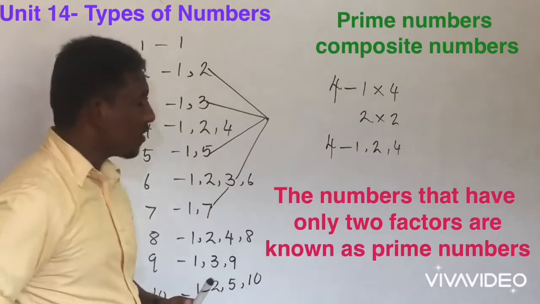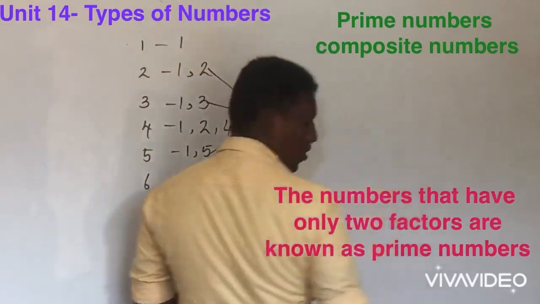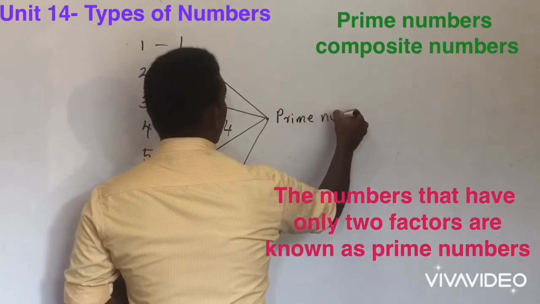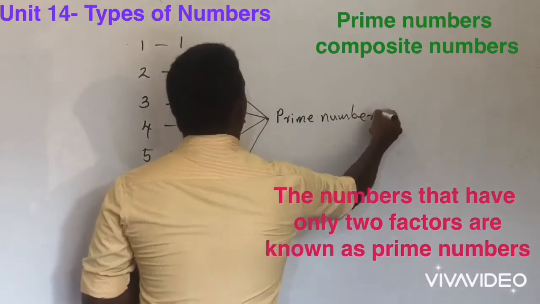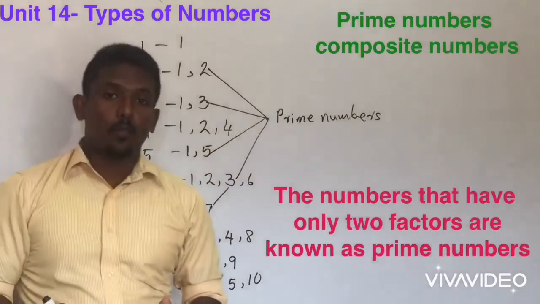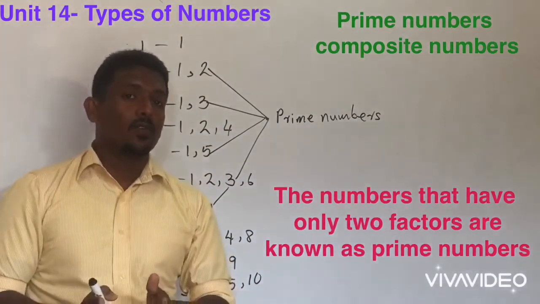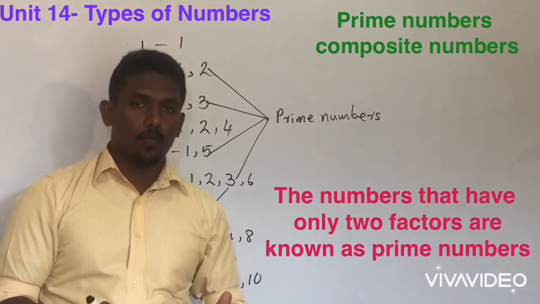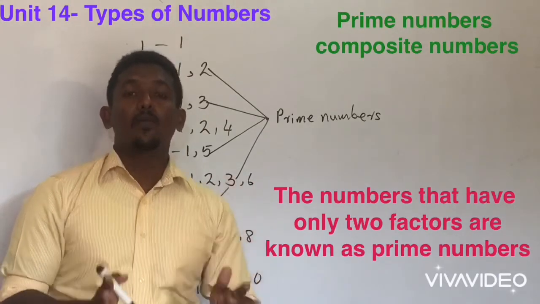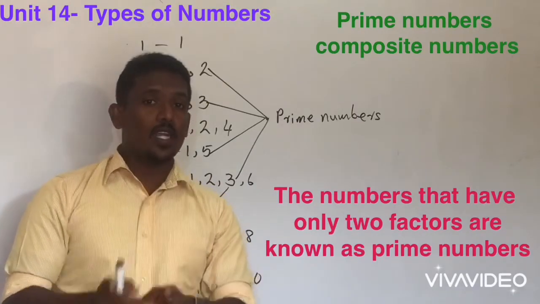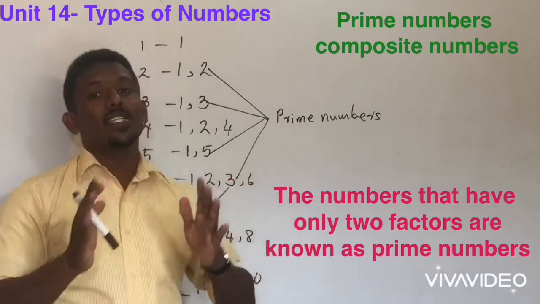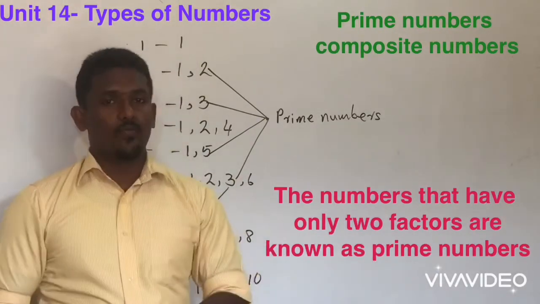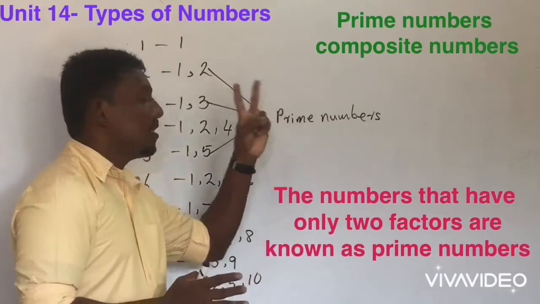These numbers are known as prime numbers. The numbers with 2 different factors are known as prime numbers, and these are divisible by only one and itself, right? They have only 2 factors.